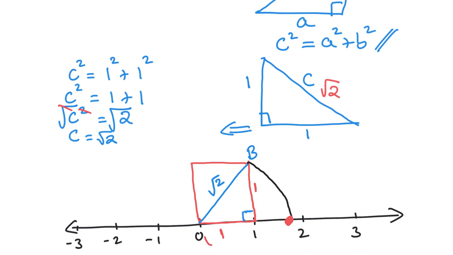So, this length is square root 2. Thus you have located square root 2 on the number line.